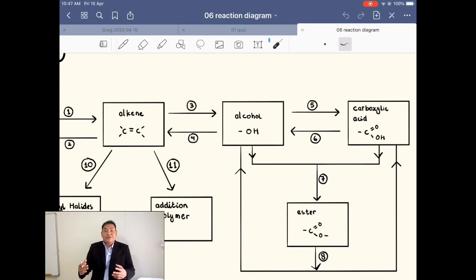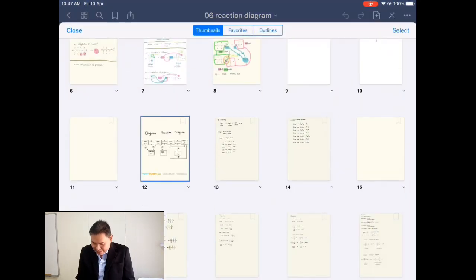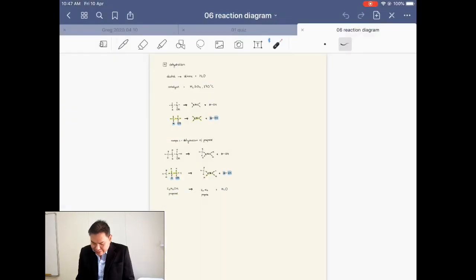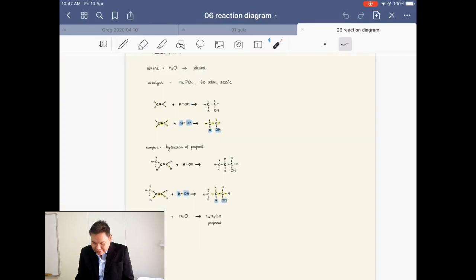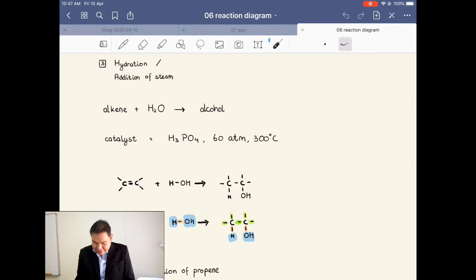From alkene you produce alcohol simply by adding water, but of course not in liquid form. You use steam, H2O gas, which is steam or water vapor.